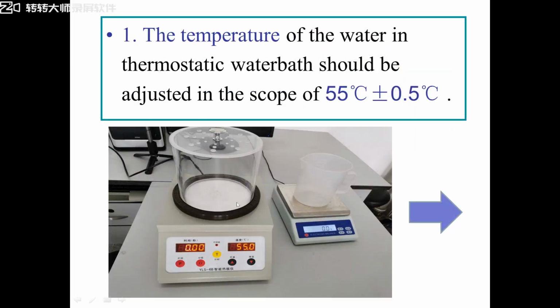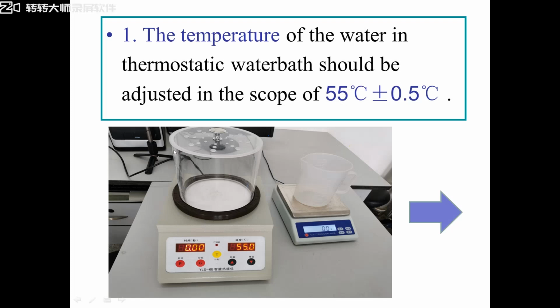The first step, adjust the temperature. The temperature of the water in the thermostatic water bath serving as the hot plate should be adjusted to 55 centigrade. And we use this machine.